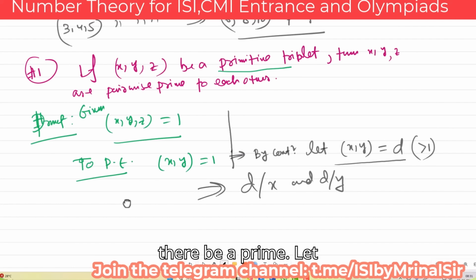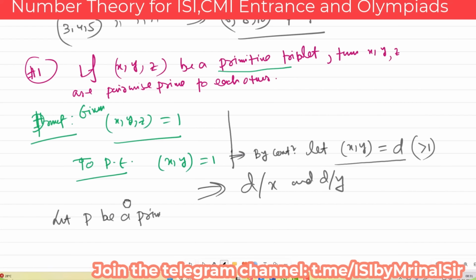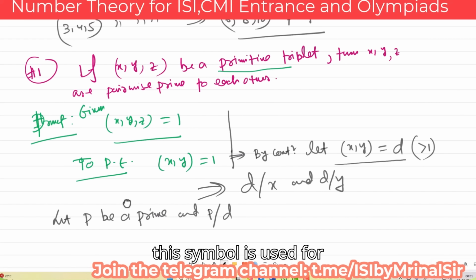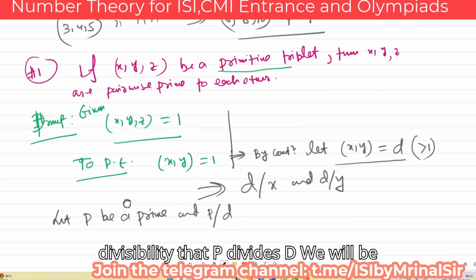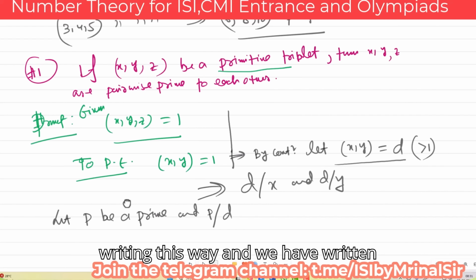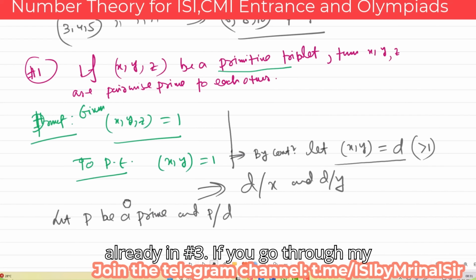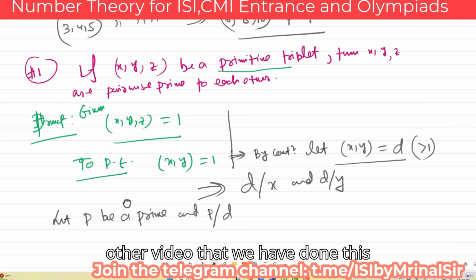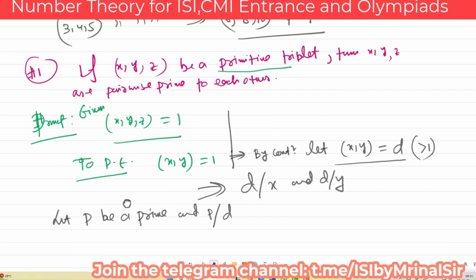Now suppose there is a prime. Let P be a prime which divides D. This symbol is used for divisibility, and we have written this already in number theory, if you go through my other video.